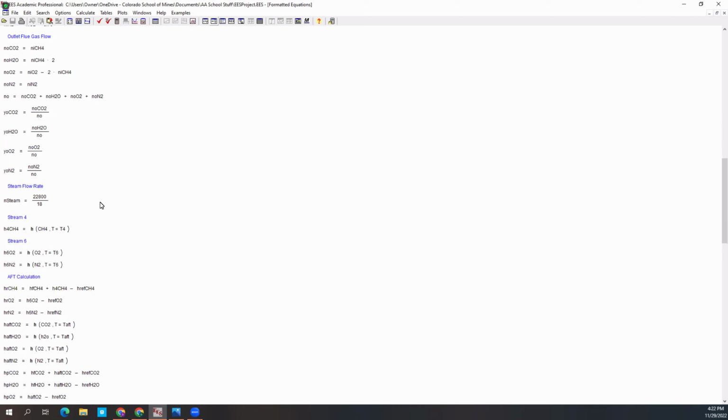And each one has a mass flow rate. I don't know why, let's actually see. It's a very low value for sure. If I pull up the solution here for the boiler, it's like 0.2% efficiency. Okay, so let's see.